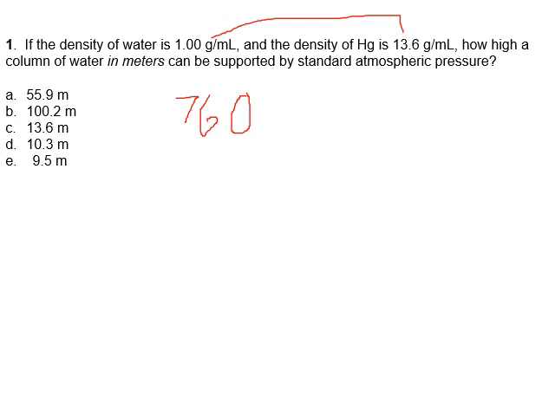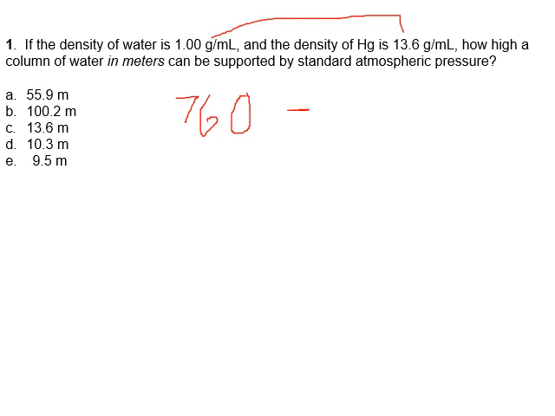For water, if we wanted to put water into a barometer instead of mercury, it would have to be much higher. So how would we figure out how much higher it would have to be? Well, if mercury has to be 760 millimeters high, can you figure out from the problem statement how we could figure out the height the water would have to be?